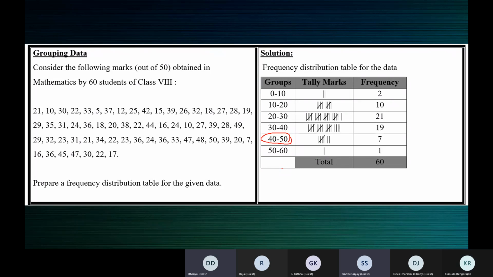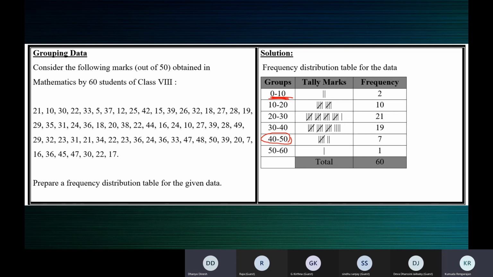Lower limit? 40, ma'am. Now, does 0 belong to this class interval 0 to 10? Does 0 belong to 0 to 10? Yes, ma'am.